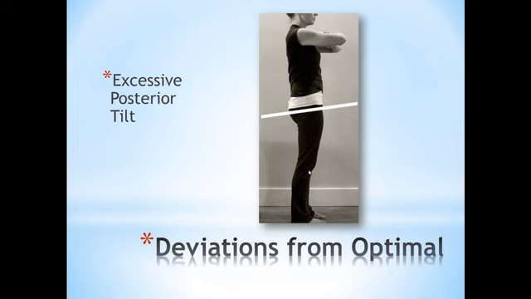So it loses its ability to absorb ground reaction forces as the foot hits the ground and that load is transmitted up through the body. As a result, we may end up with greater degenerative changes.